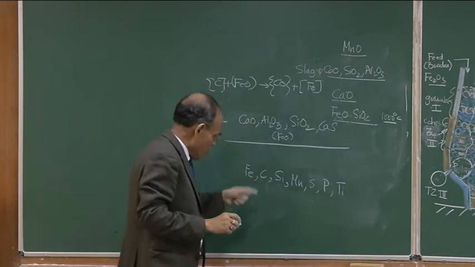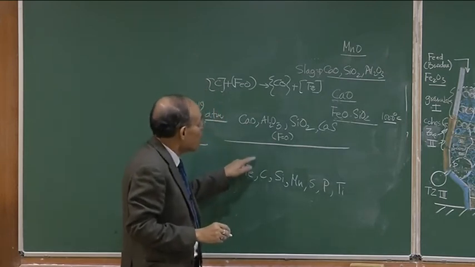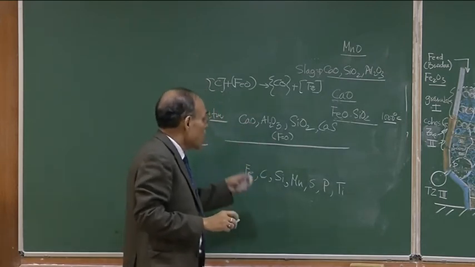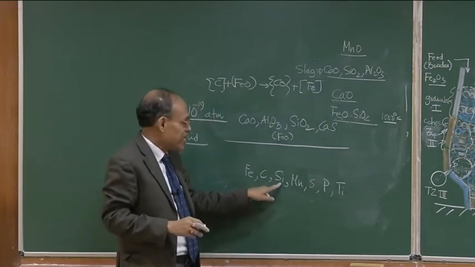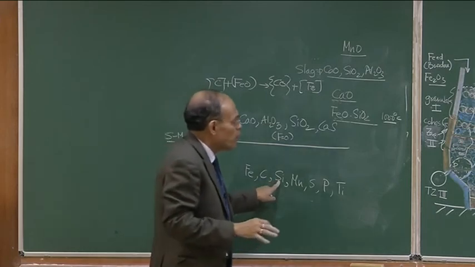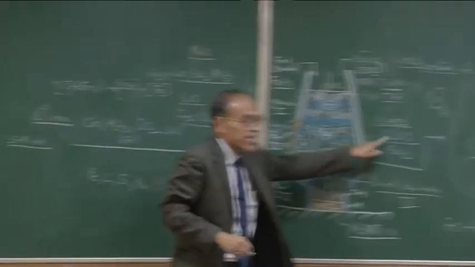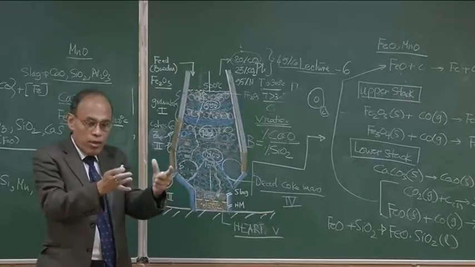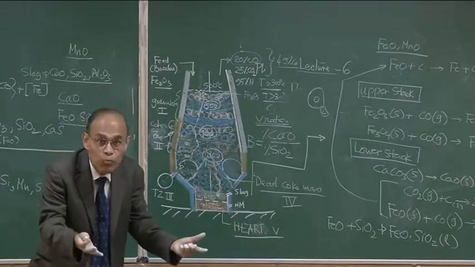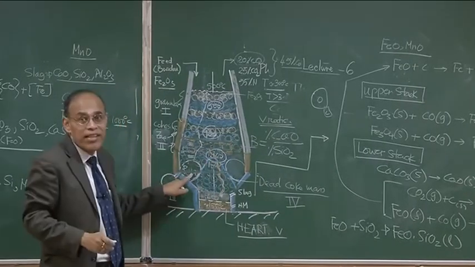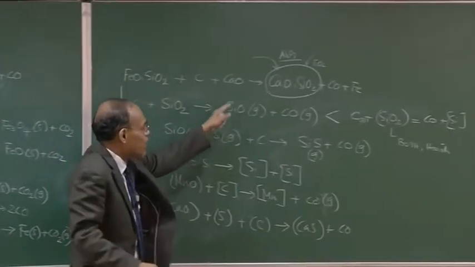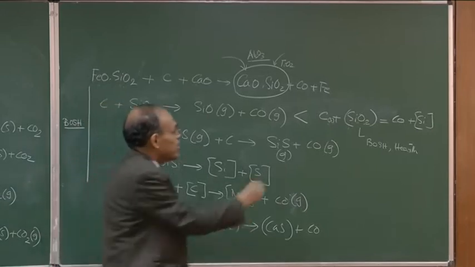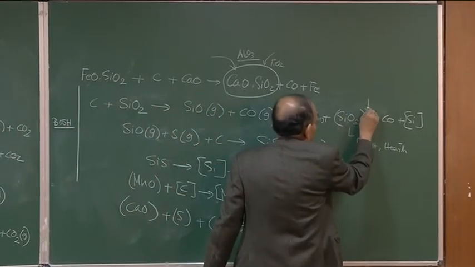So, we have only one more thing to discuss, that is the slag metal reaction. One important thing here is that silicon is the most important, as I said. If you try to make a high basicity slag, or if the slag volume is high, you have to have a very high temperature in the raceway. One has to write the thermal effects of this equation also. This reaction is highly endothermic.